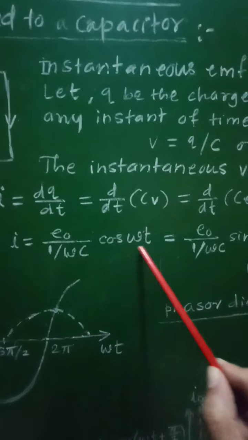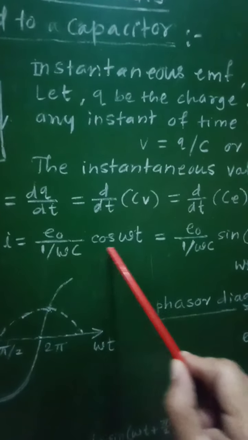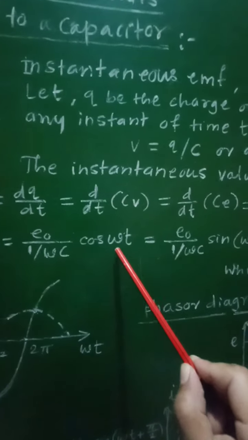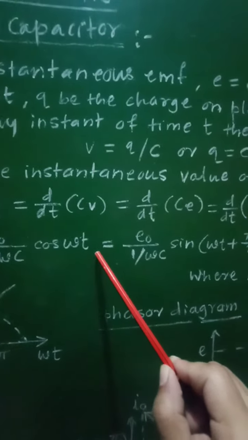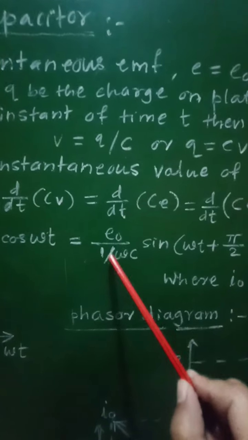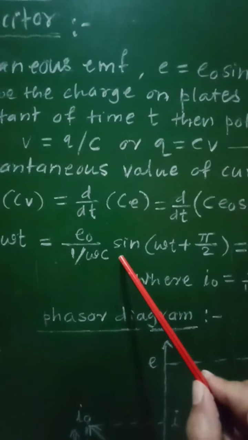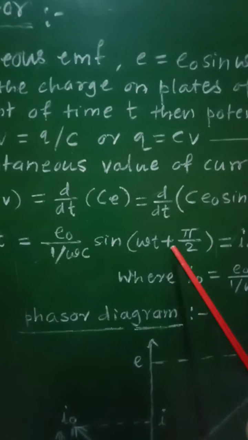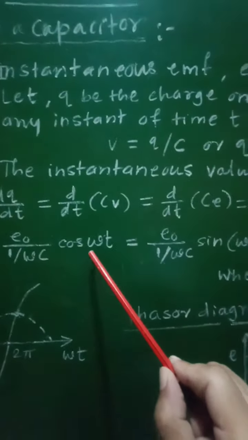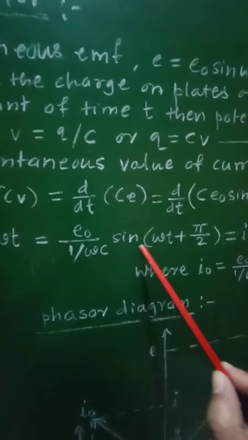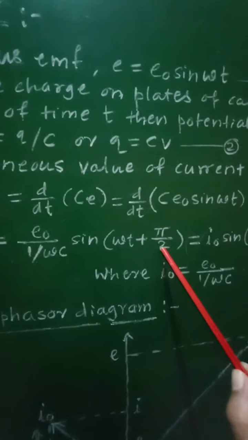Then this cos omega t will be written in the form of sine, that is cos theta is equal to sine of theta plus pi by 2, and therefore it will be written as E0 upon 1 upon omega C sine omega t plus pi by 2. So here cos omega t is written as sine of omega t plus pi by 2.